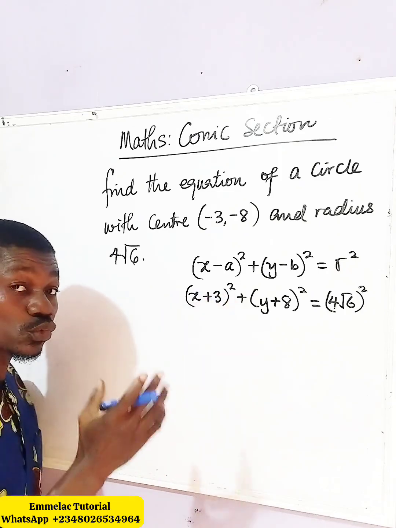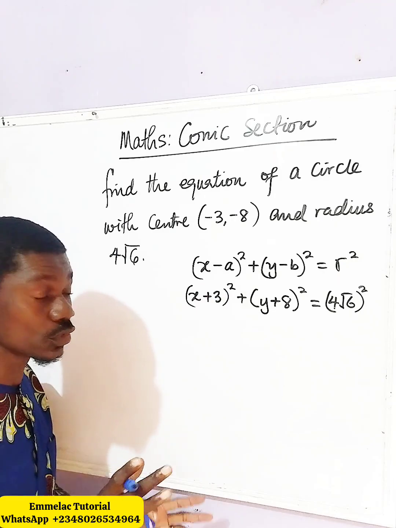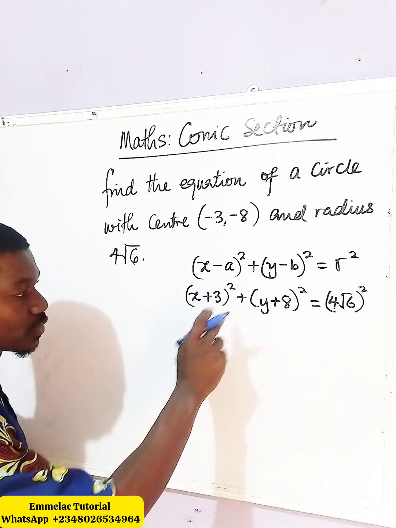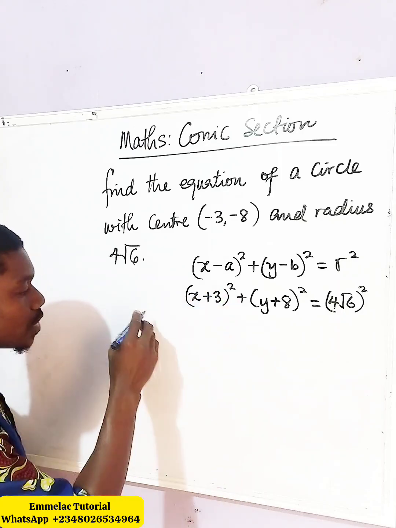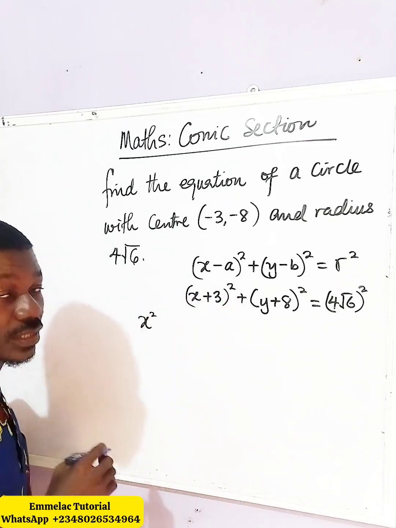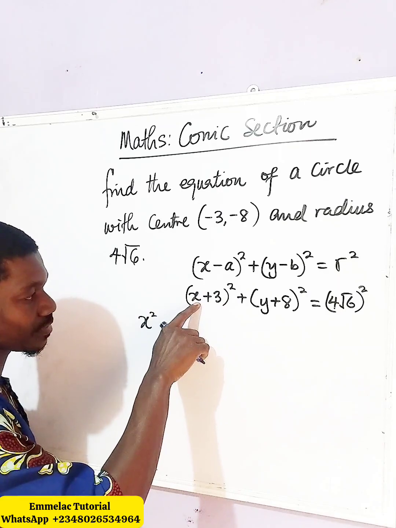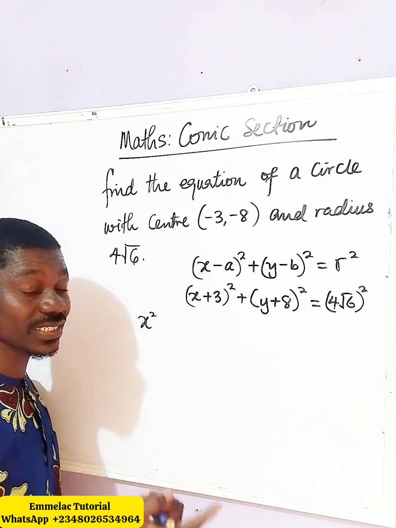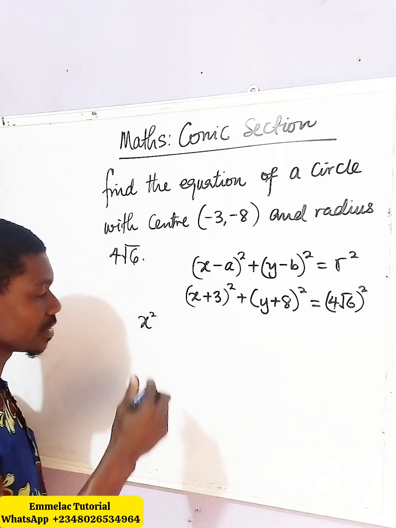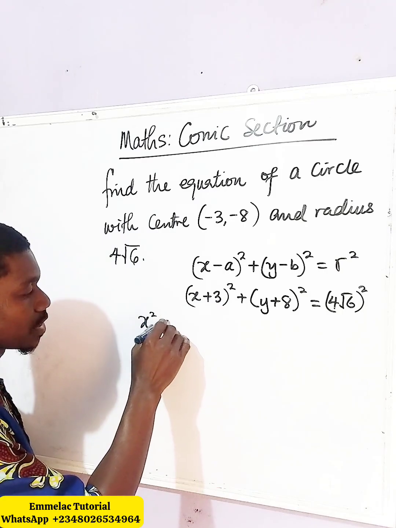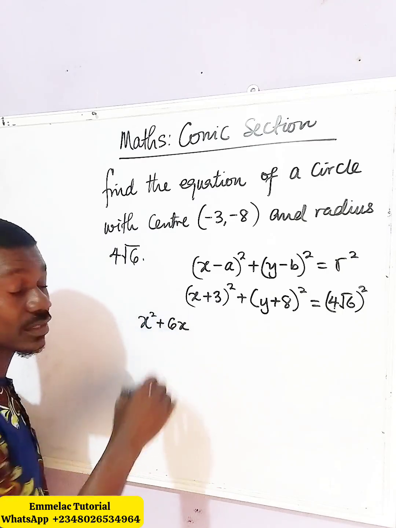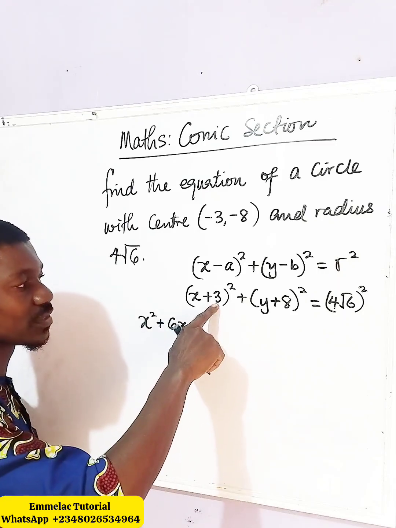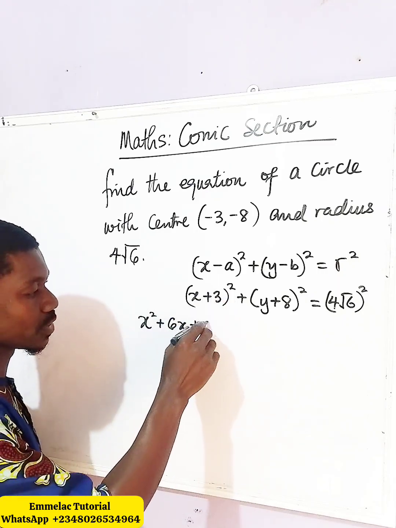Now all we need to do is expand. Since it's just to the power of 2, this expansion trick is only applicable to a degree of 2. So x raised to the power of 2 gives us x squared. Then x times 3 is 3x, times 2 twice will be 6x. Then 3 raised to the power of 2 gives us 9.